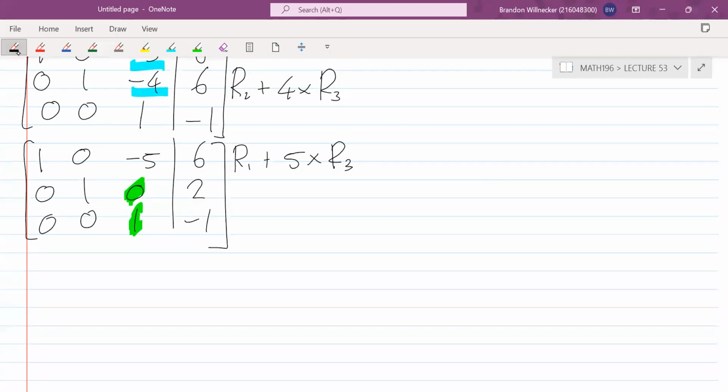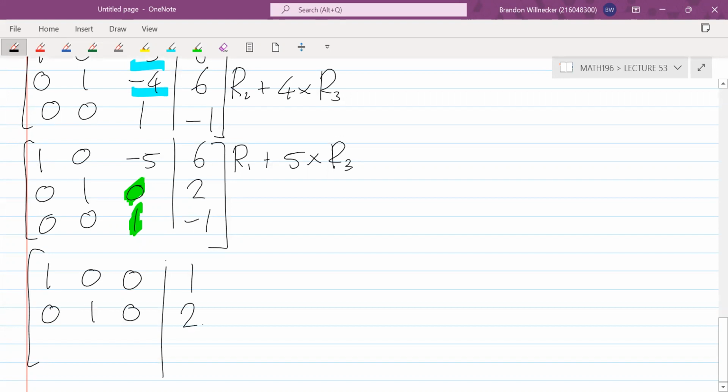Okay, so let's do that. We get 1, 0, and then minus 5 plus 5, that's 0. 6 minus 5, that's going to be a 1. Okay, and then the other rows stay the same. So we get 0, 1, 0, and a 2. 0, 0, 1, and a minus 1.